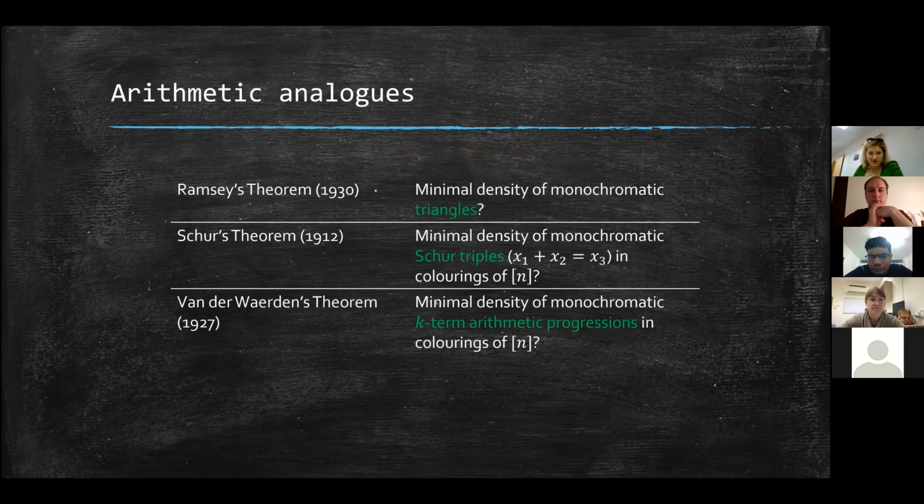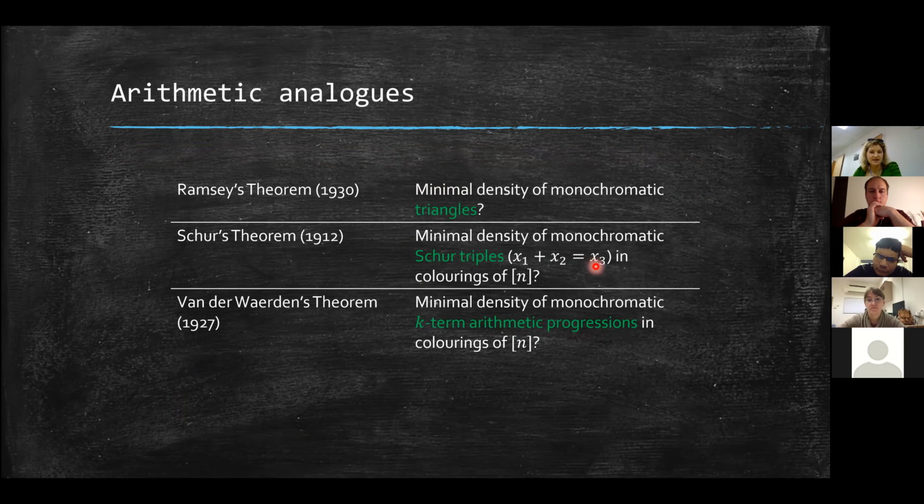So this was kind of a quantitative extension of Ramsey's theorem. But actually, you can take your favorite coloring result and extend it in this direction. Specifically, Schur's theorem tells you that any monochromatic coloring of the integers contains a Schur triple, which is a triple satisfying this equation.